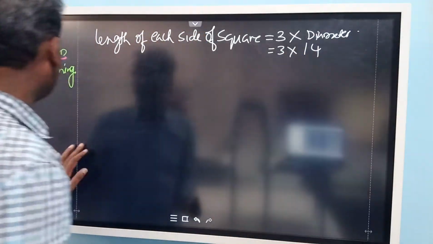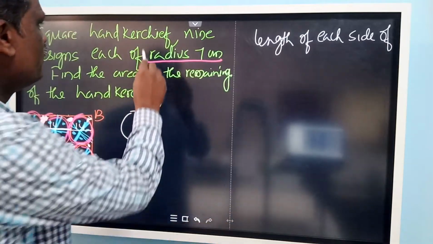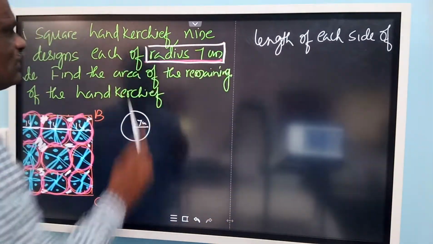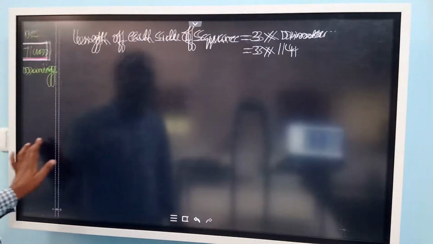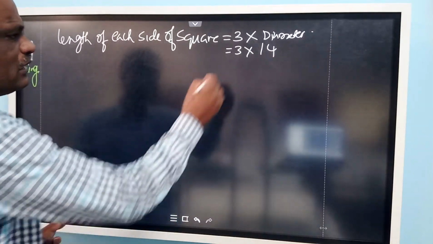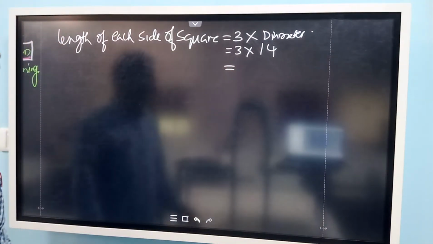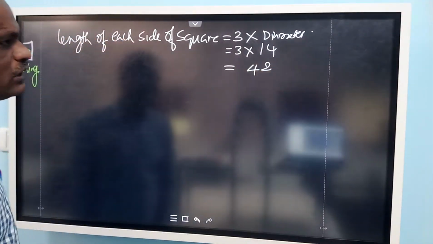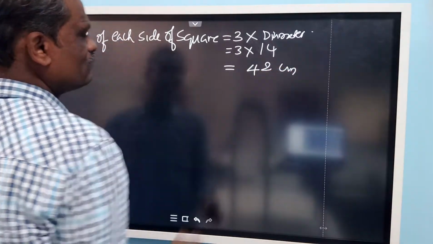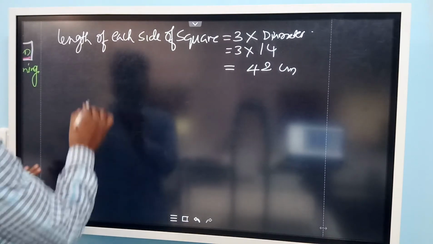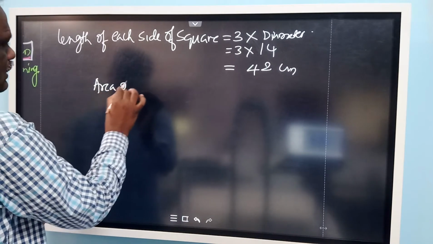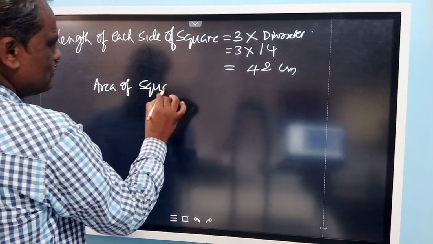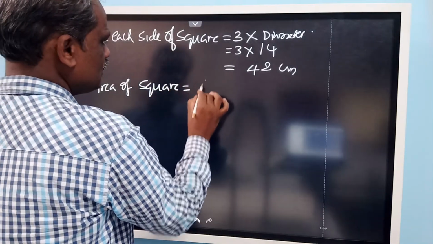You have to calculate because radius is given. You make it double. So radius is given, diameter is not given directly. Double that one, you will get the diameter. So 3 into 14, 42 centimeter is the side. So area of square is equal to 42 square.